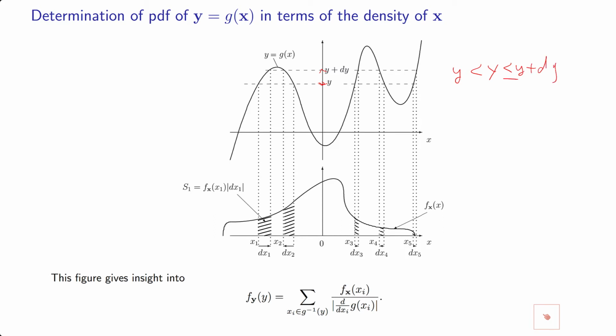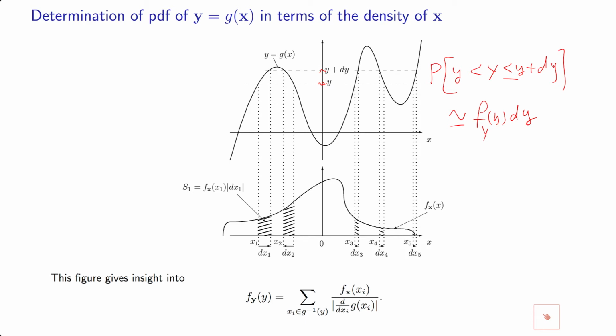The probability of this, provided that dy is very small, is approximated by fy of y times dy. If dy tends to 0, this approximation becomes exact. So this is how I want to calculate fy of y. I will divide both sides by dy, and I will have the PDF.